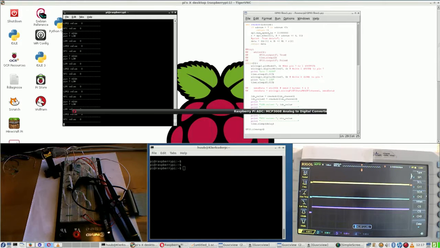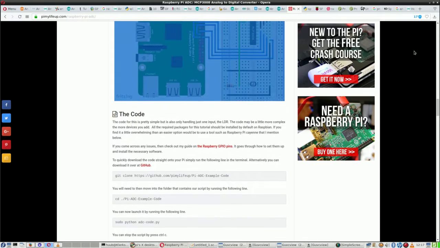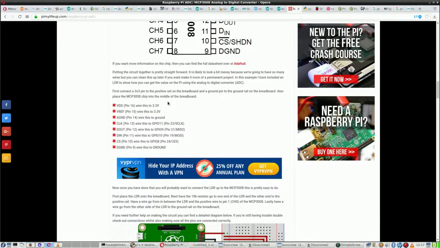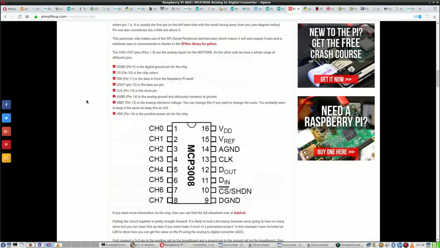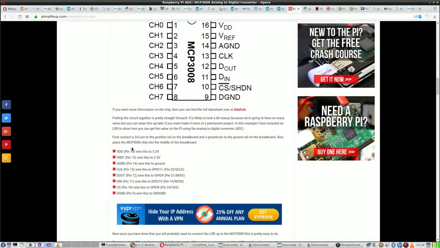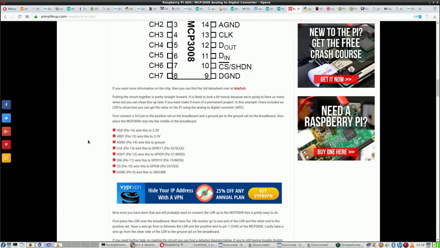Let me take a look. This is the schematics. And what is the actual?